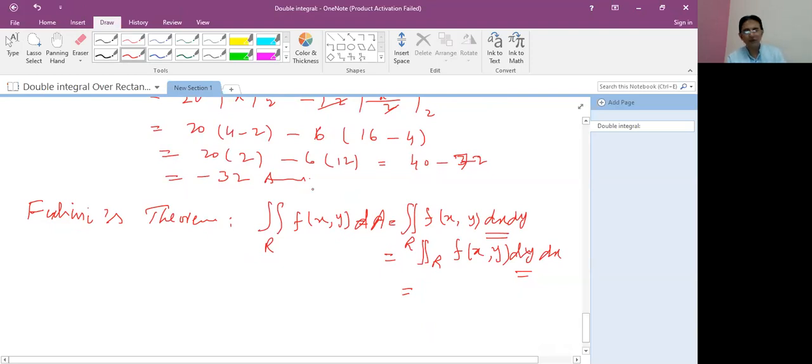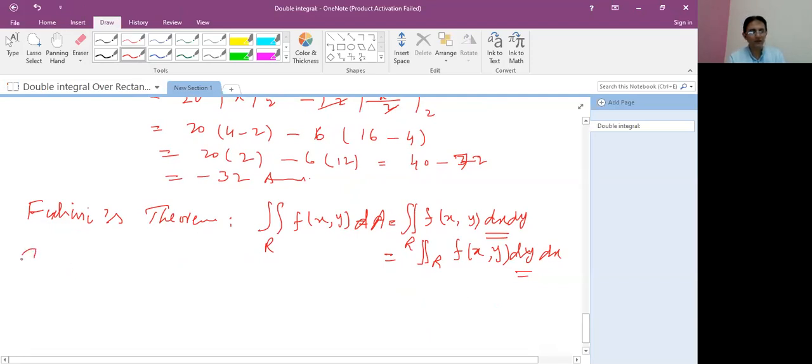For example, in a double integral, student, we will consider finding the volume.